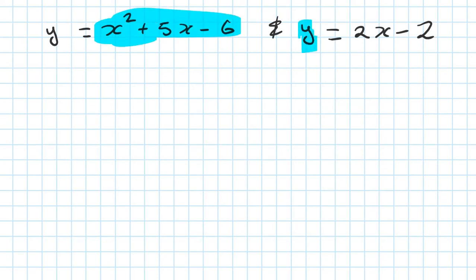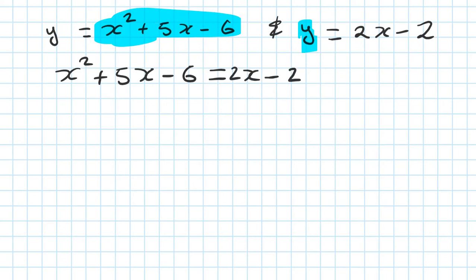So that means x squared plus 5x minus 6 is equal to 2x minus 2. I'm going to move everything to one side, because when you solve a quadratic equation, you have to make everything equal 0. So this is x squared, 5x, I move the 2x so it becomes minus 2x, so 5x minus 2x is 3x.